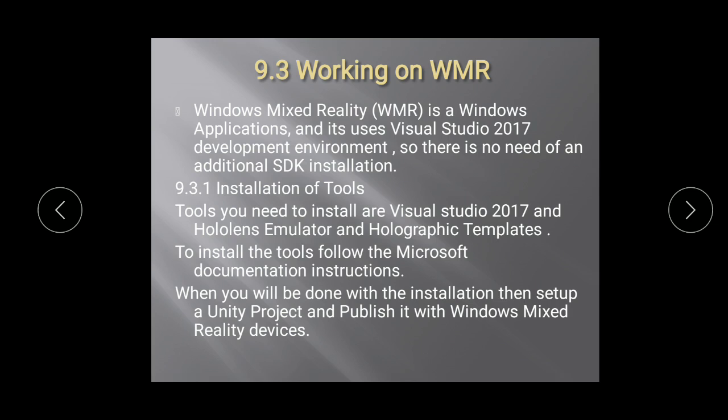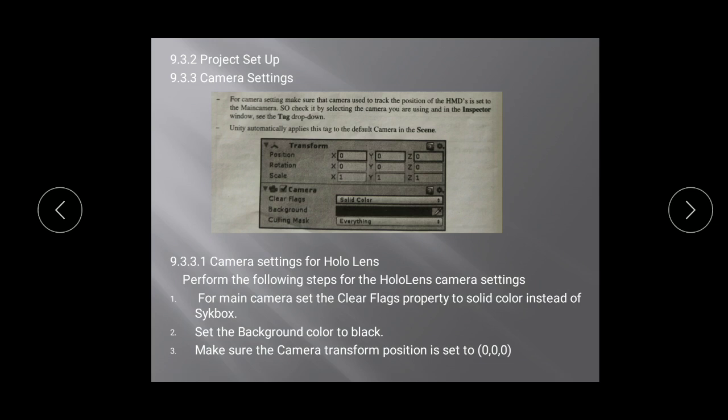And if you want the details of the documentation, there is a link, that is en-us/windows/mixed-reality/development-overview. On that link you can check the Microsoft documentation instructions for downloading Windows Mixed Reality functions.